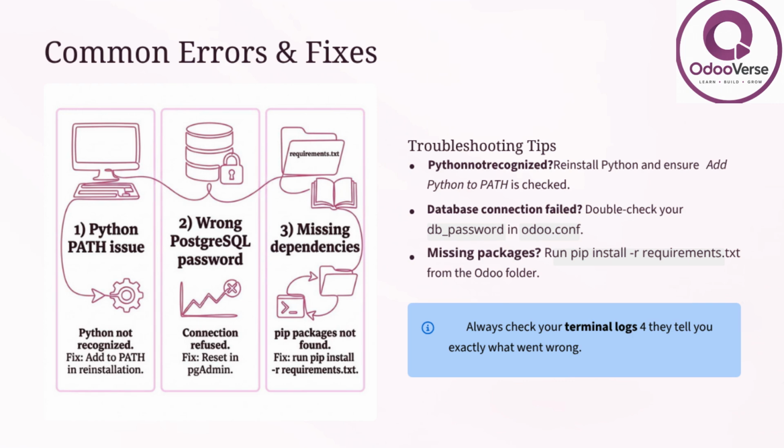Another common issue is missing packages. To fix this, run pip install -r requirements.txt from the Odoo folder. And one important tip, always check terminal logs carefully. Most of the time, the error message itself tells you exactly what went wrong.